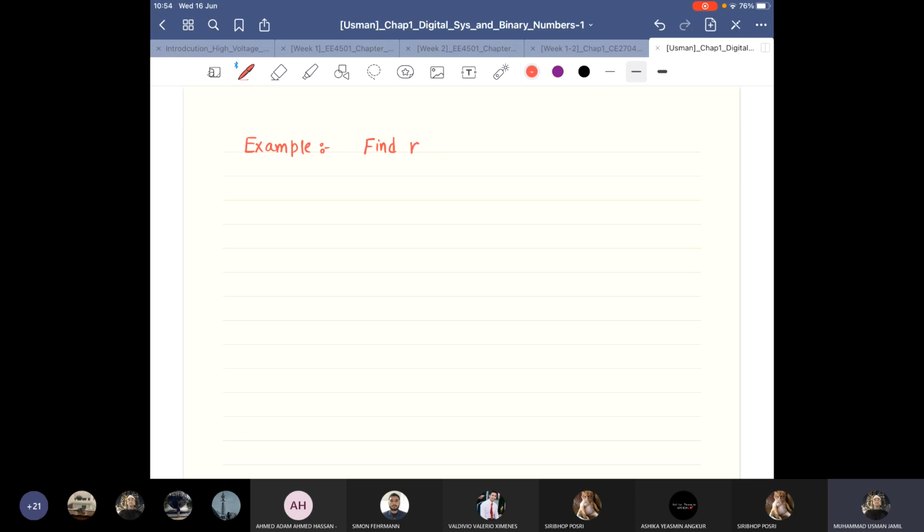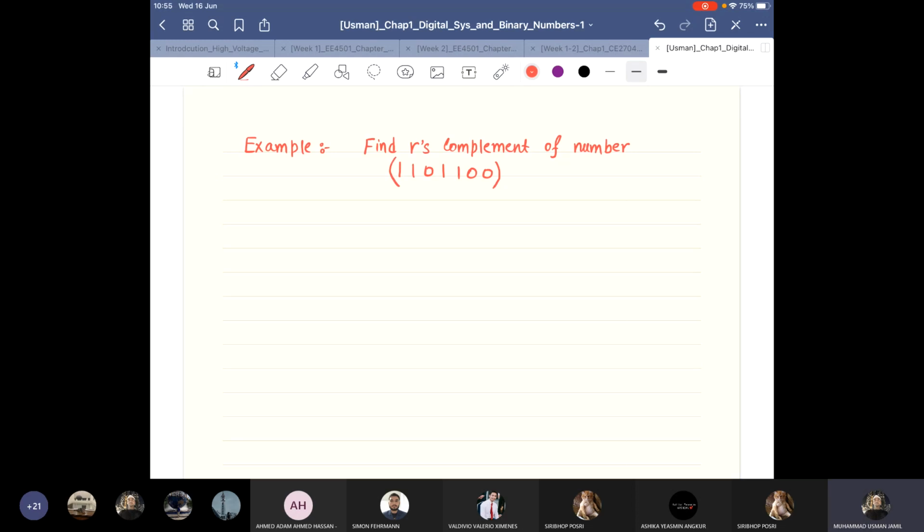So we can just say find the R's complement of a number. The number we have is 1 1 0 1 1 0 0.